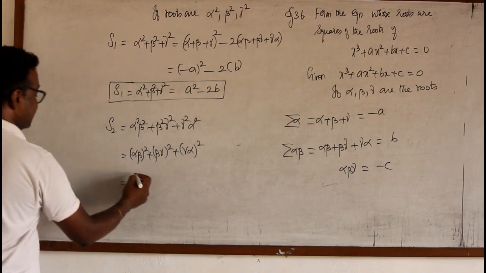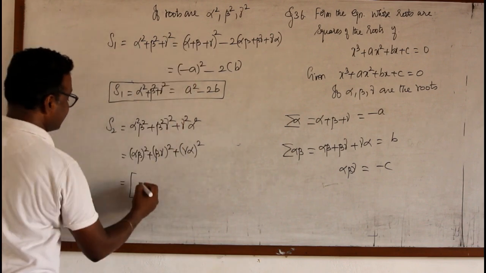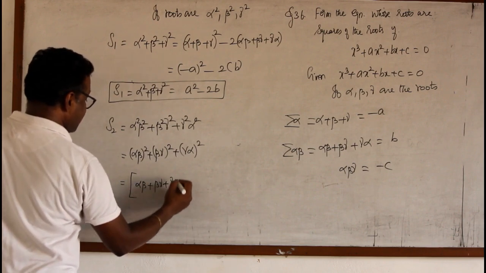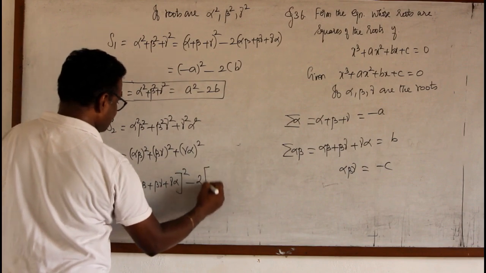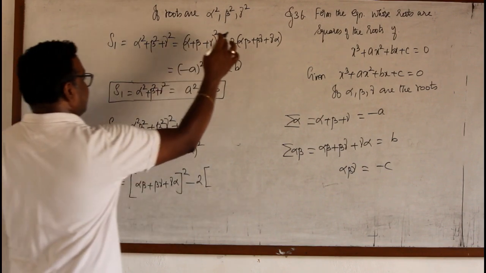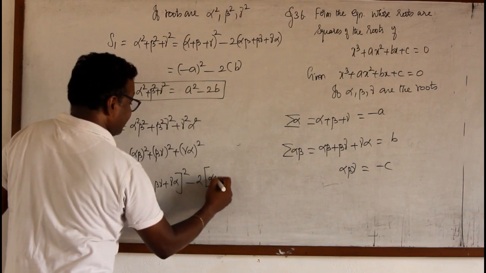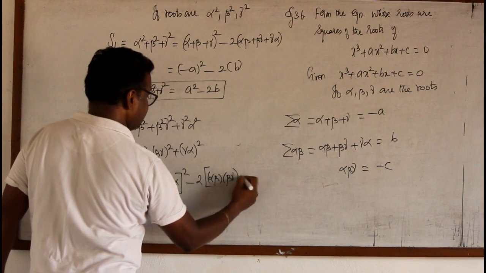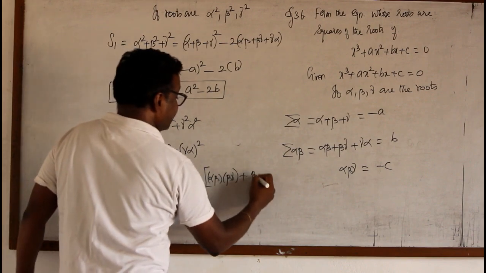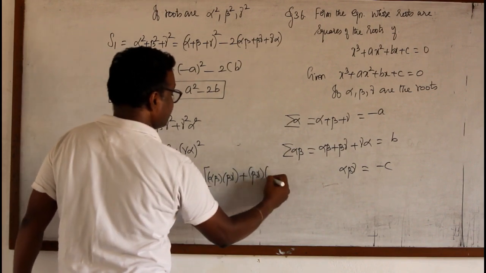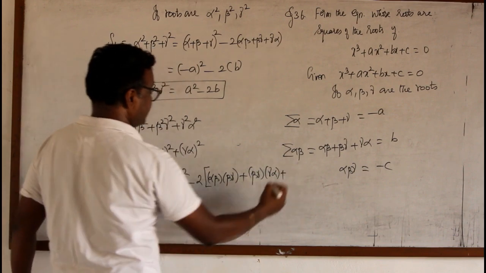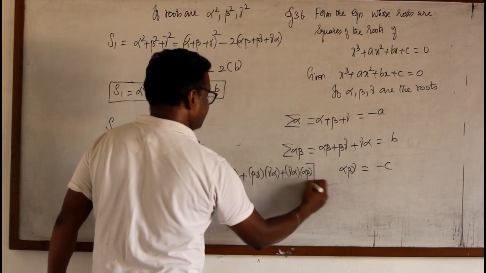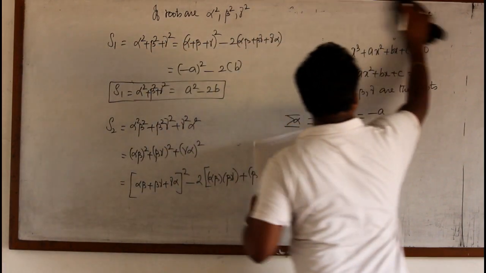Then, with the same pattern, I can write this as alpha beta plus beta gamma plus gamma alpha the whole square minus 2 into, instead of alpha I must write alpha beta, instead of beta I must write beta gamma, plus beta gamma into gamma alpha, then gamma alpha into alpha beta. So we got this.